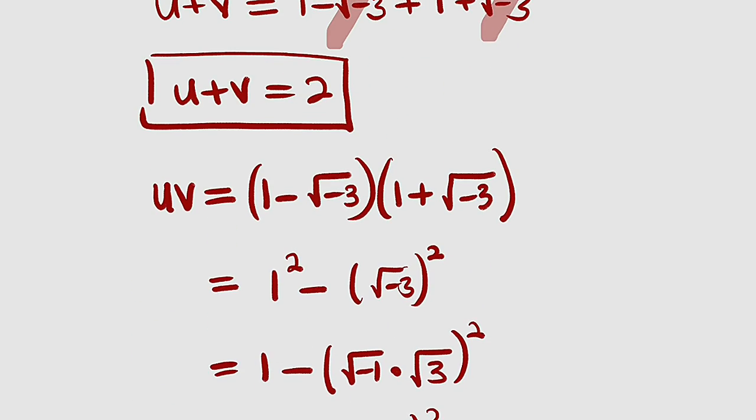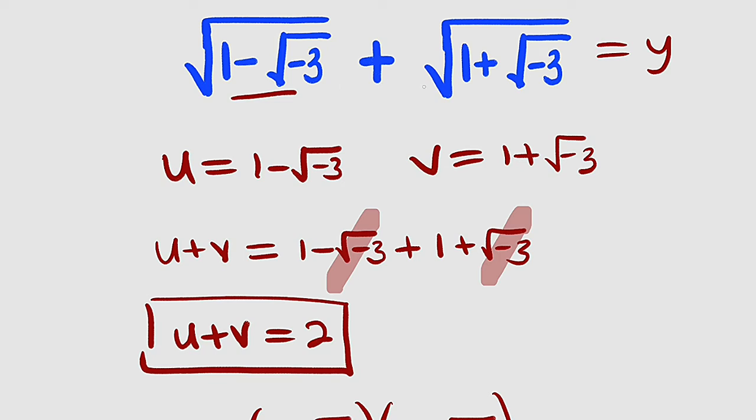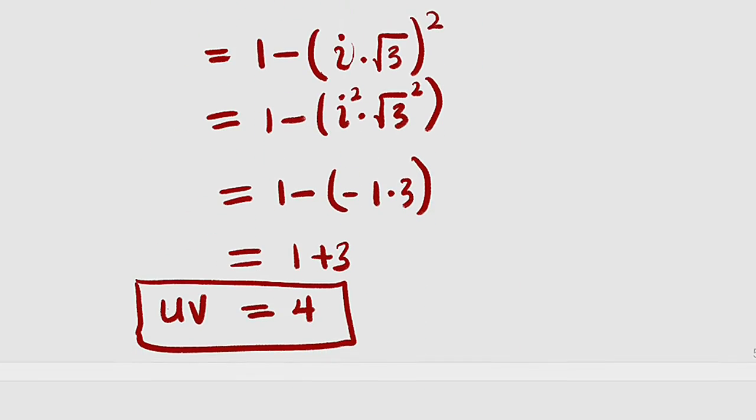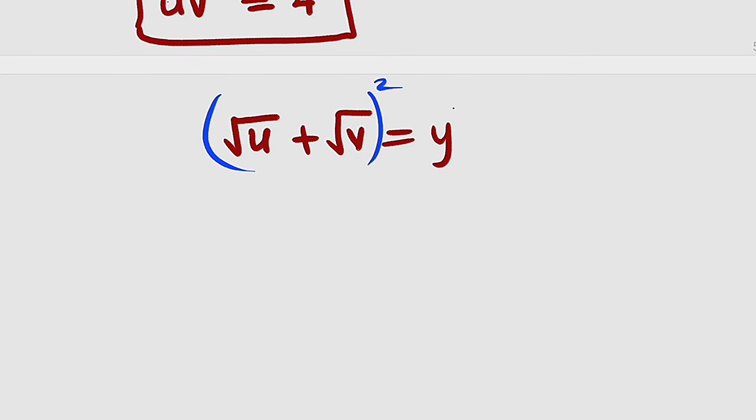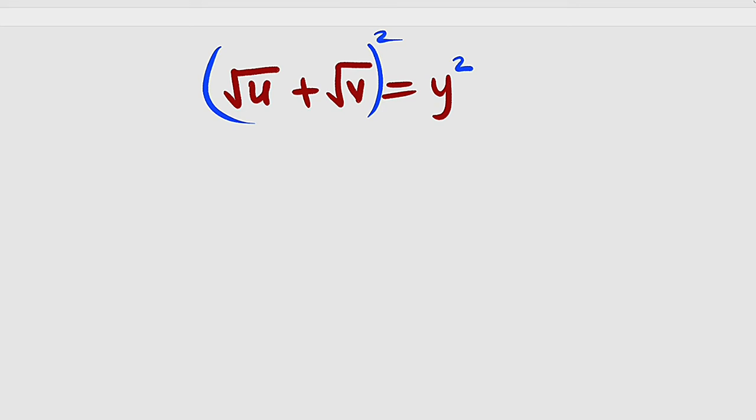But remember that we have let these radicands be equal to u and v respectively. Therefore, the square root of u plus the square root of v will be equal to y. Now, I would like us to square both sides of this equation. Square this, and you have to square the other side.